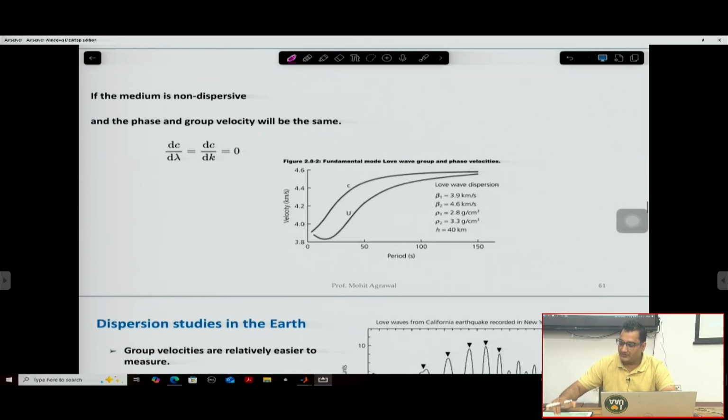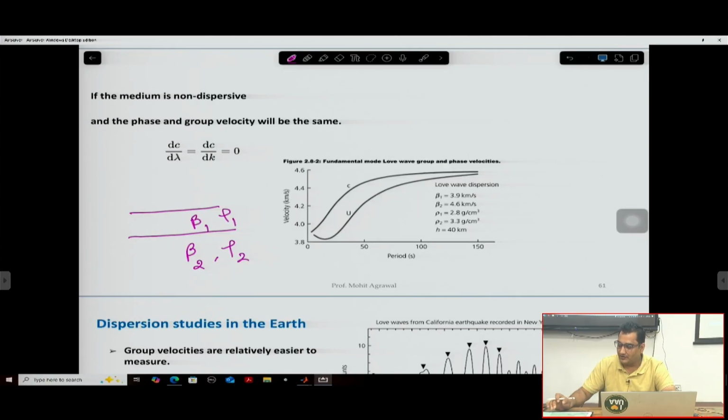And this is the typical dispersion curve with respect to period, and we computed it for a synthetic model where we consider a single layer Earth model over a half space. For the half space, the shear wave velocity beta 2 is given and the density rho 2 is given, and for the layer the shear wave velocity is beta 1 and the density is rho 1.